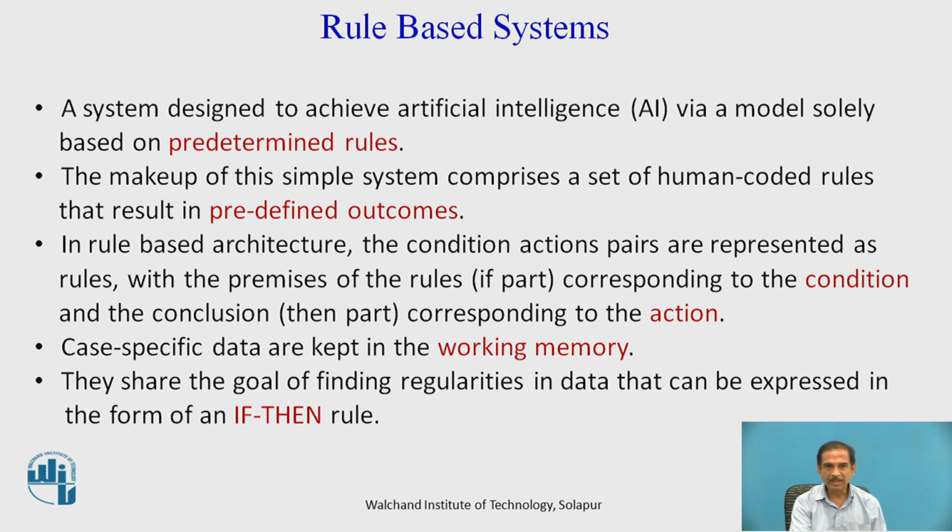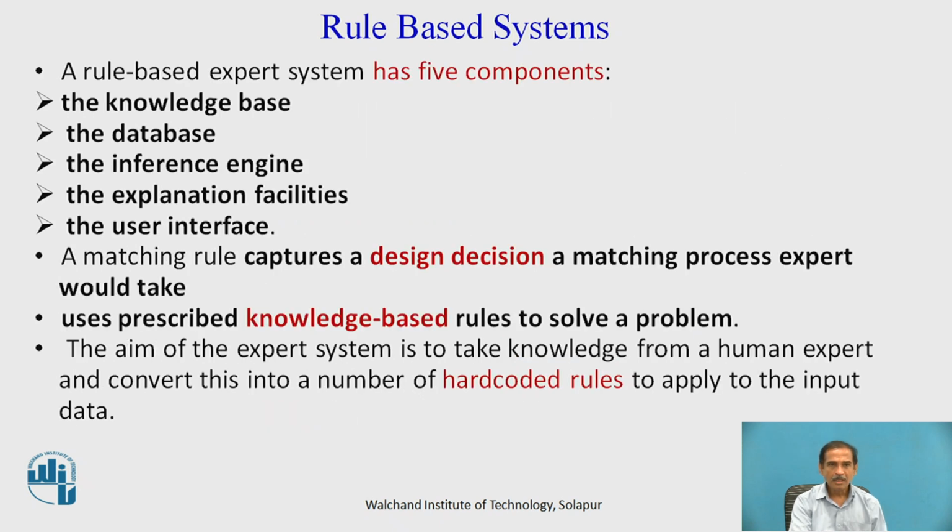Case-specific data is kept in the working memory, and if there are goals for finding regularities in the data, they can be expressed in the form of if-then rules. A rule-based expert system has 5 components: a knowledge base, a database, an inference engine, an explanation facility, and a user interface. All these 5 components work toward the goal of this rule-based system.